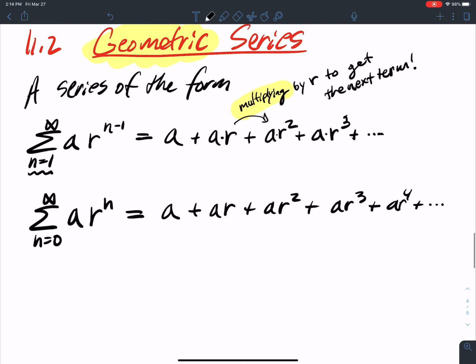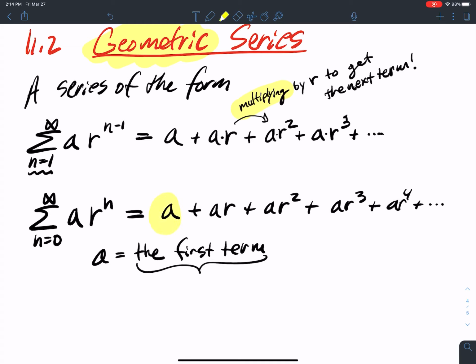Okay? Now, these pieces have names. A, think of this as the first term in the sequence. So your a is the first term. For this particular one, n started at 1. For this one, n started at 0. You'll see the difference.